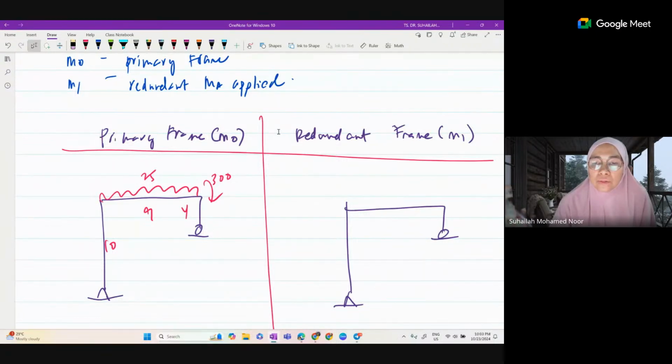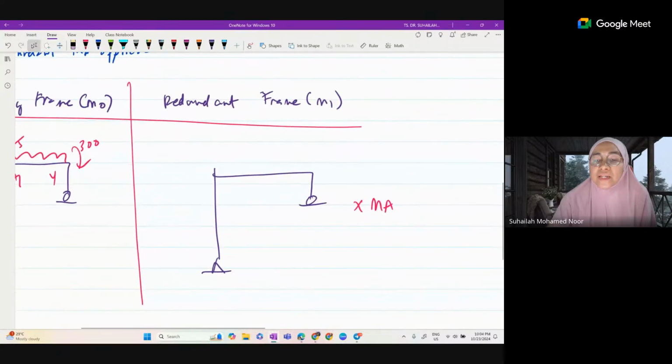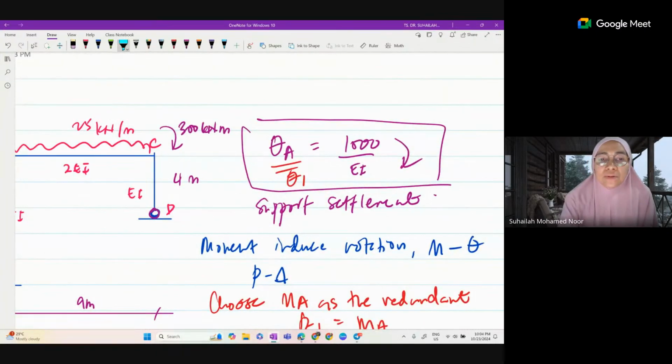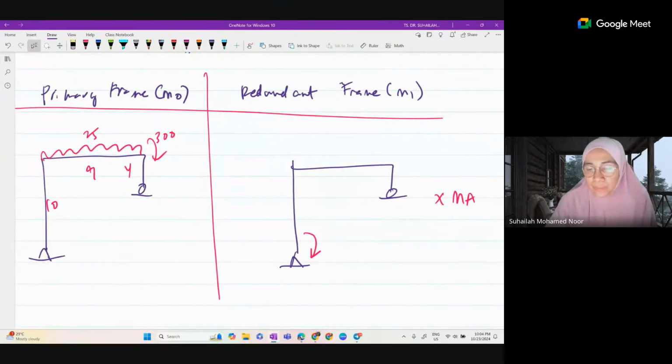Now we look at the redundant frame. The redundant frame is just like a virtual frame, meaning it is a determinate frame subjected to a unit value of the redundant. The redundant is MA, which means we have to apply a unit moment at A. The settlement given in the question is 1000 over EI clockwise, which means we will apply a unit moment in the redundant frame in the clockwise direction.